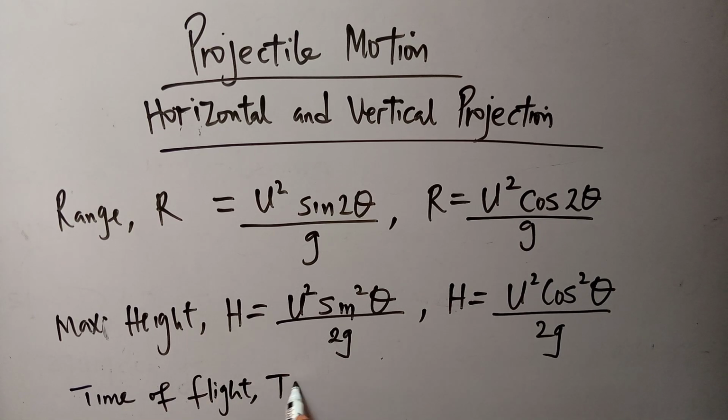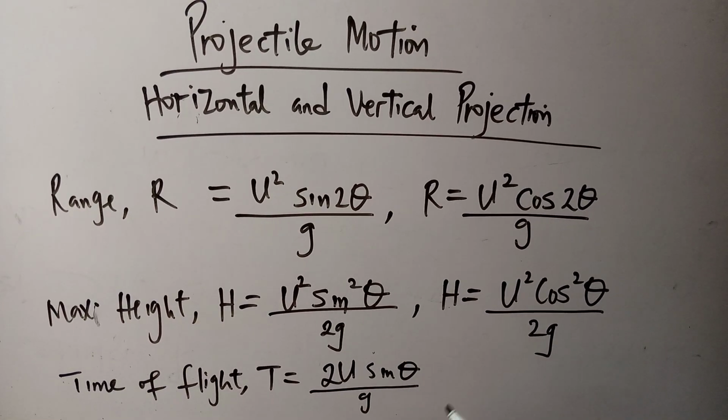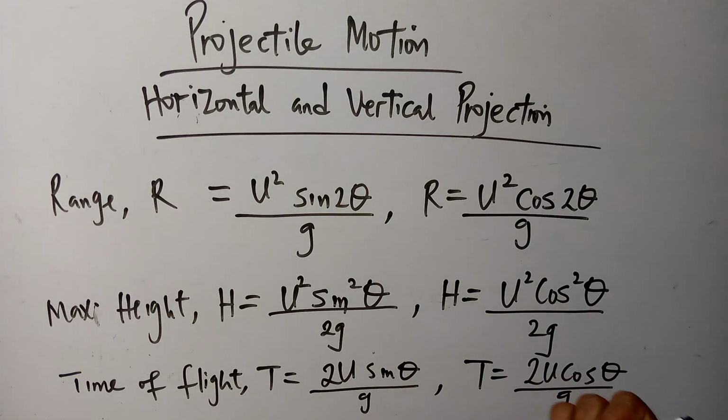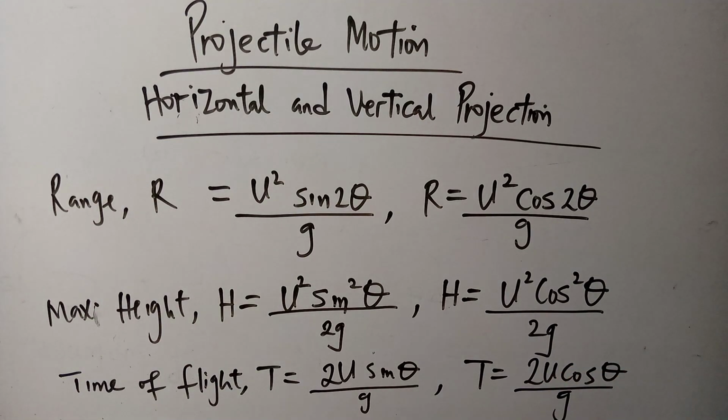Time of flight t can be calculated using the formula 2u sine theta over g. For the vertical, t is equal to 2u cos theta over g. So these are the basic formulas you need when we are talking about projectile motion.